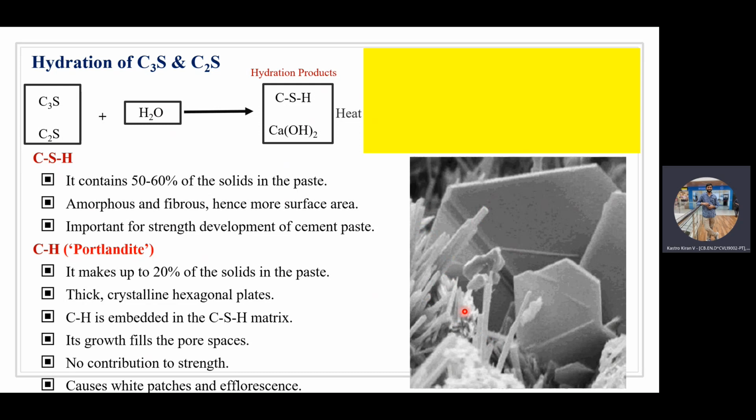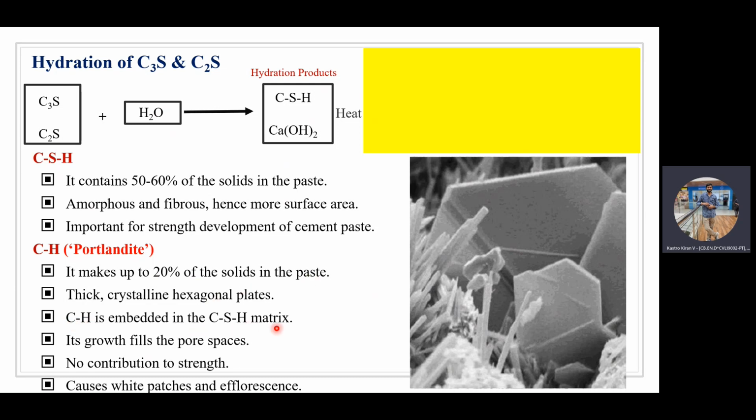I'll be talking about that in some time; don't bother about that here. Just focus on these compounds. Whatever hexagonal plate-like elements you see are called Portlandite, which is also called calcium hydroxide. So calcium hydroxide will be up to 20% of the solids in the cement paste. And here the CH compound is basically embedded in the CSH matrix.